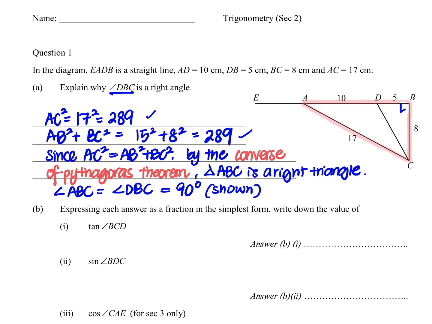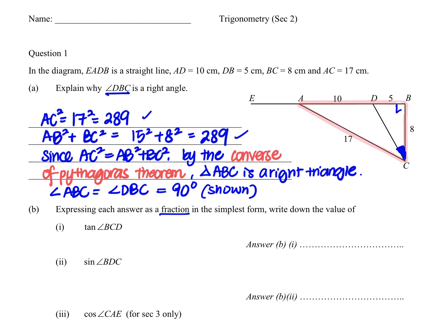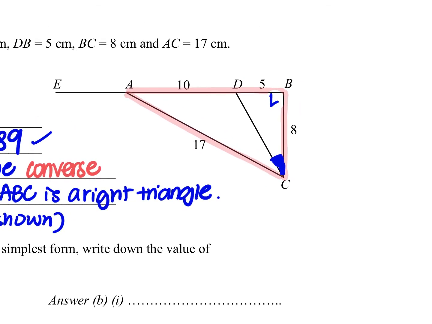Next part, expressing each answer as a fraction in the simplest form. Write down the value of tangent BCD. So tangent BCD, BCD is this angle over here. Tangent ratio: we have our Chua, Ka, and so the tangent ratio is opposite over adjacent.